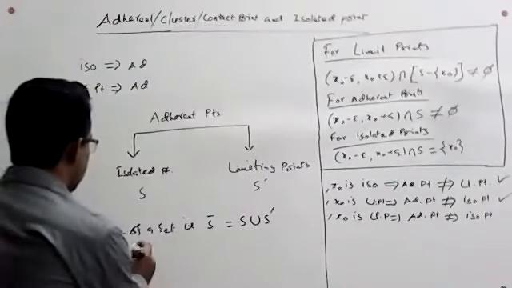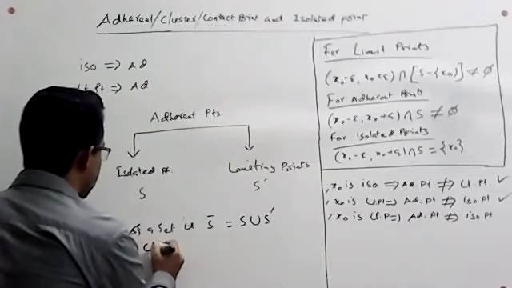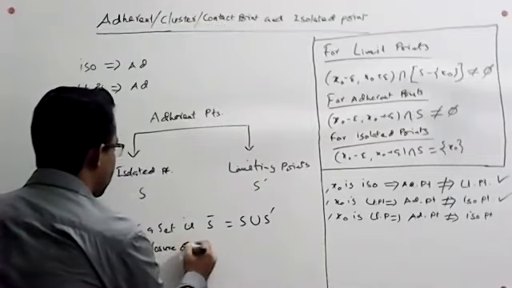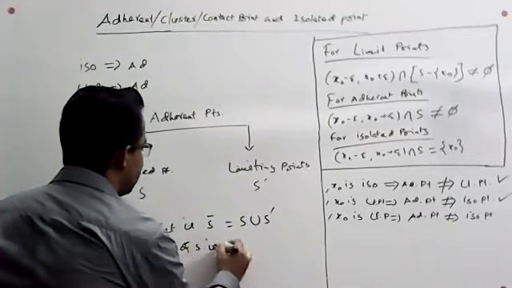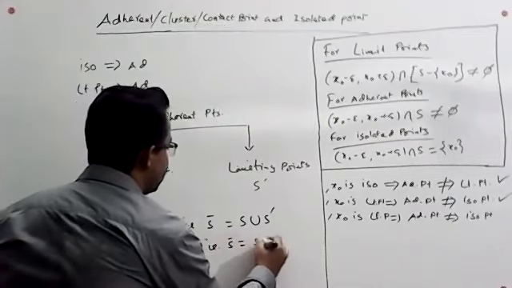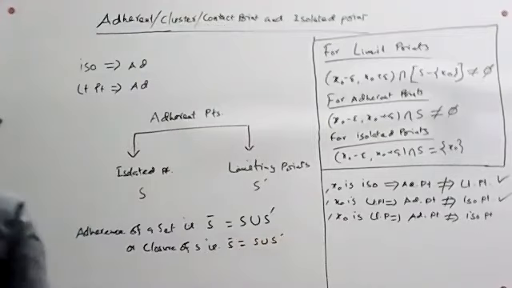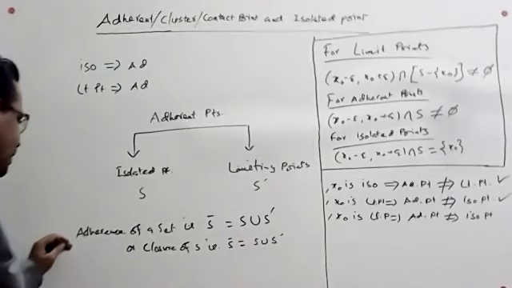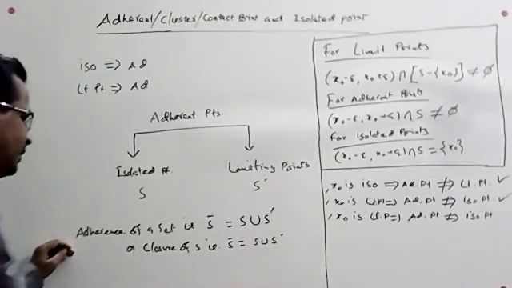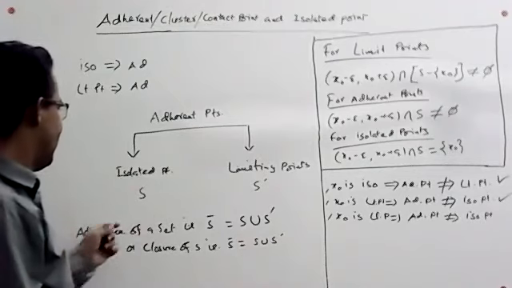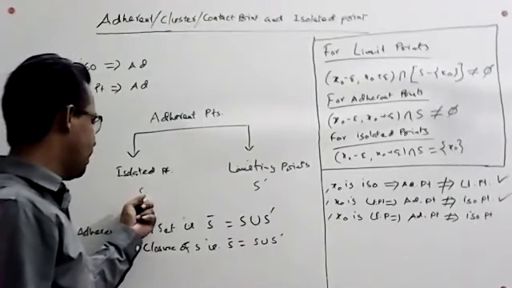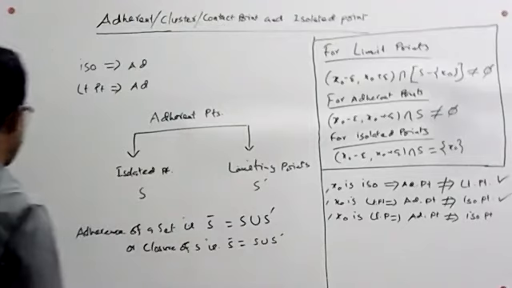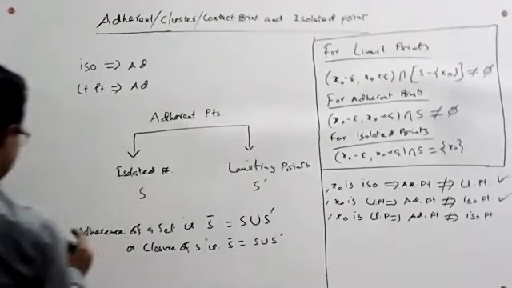Here it is also called the closure of S, that is, S bar equals S union S derived set. Here it is evident that every element of S is either an isolated point or a limiting point. It is also a very important theorem or property of this set.